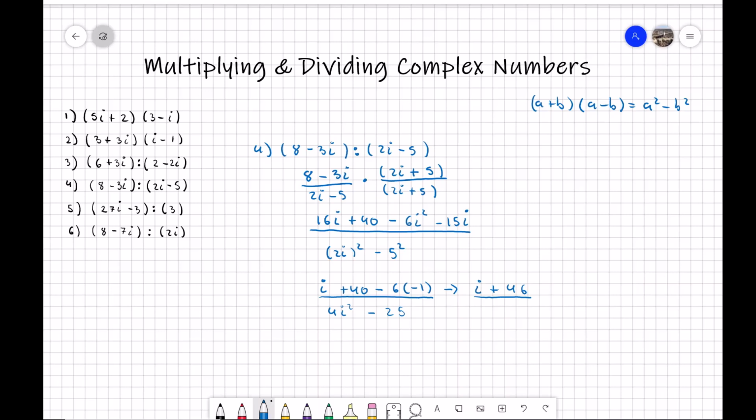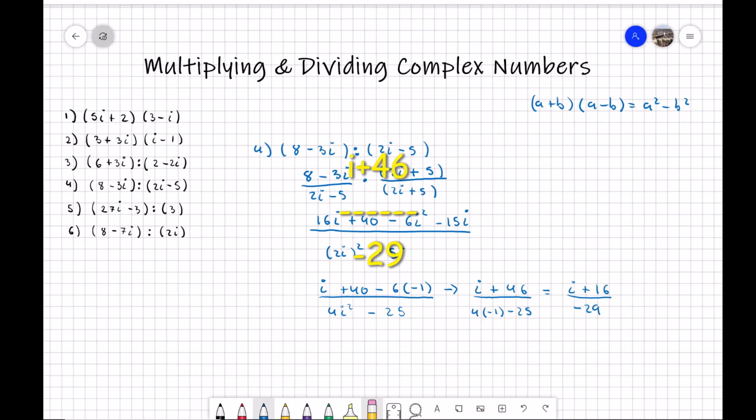And that becomes, so we said that i squared becomes negative 1, then minus 25, and we end up with i plus 46 divided by, so minus 4 minus 25, that's minus 29.